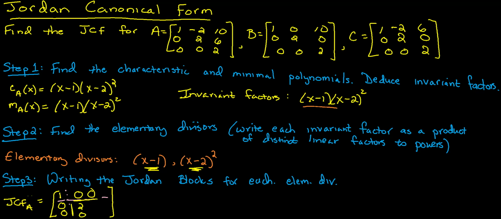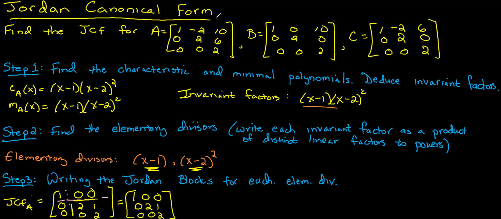And then in the last column, I'm going to have 1 and 2. So those eigenvalues are going right down the diagonal, and 1's in the diagonal just above that. So there's my Jordan canonical form. I'll write it without all the little dashed lines in it. It's just going to be 1, 0, 0, 0, 2, 1, and the bottom row 0, 0, 2.